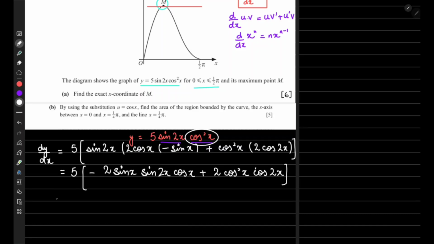Now we can think of taking something common. We can see that 2 is common in both of them and cos x is common in both of them, so we take that. We end up getting minus sin x sin 2x plus cos x cos 2x.